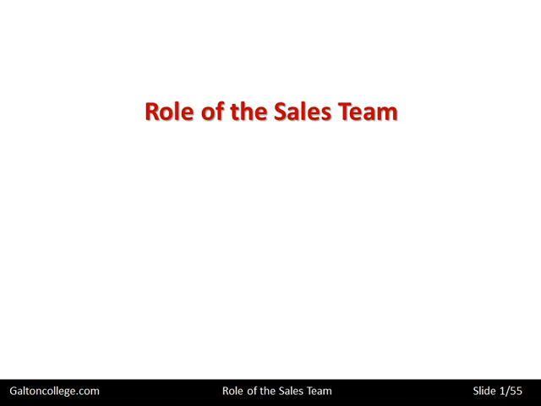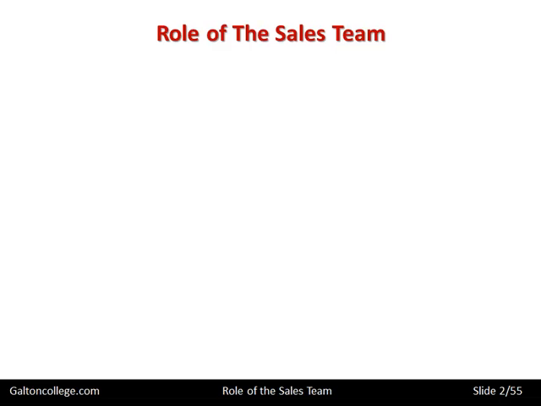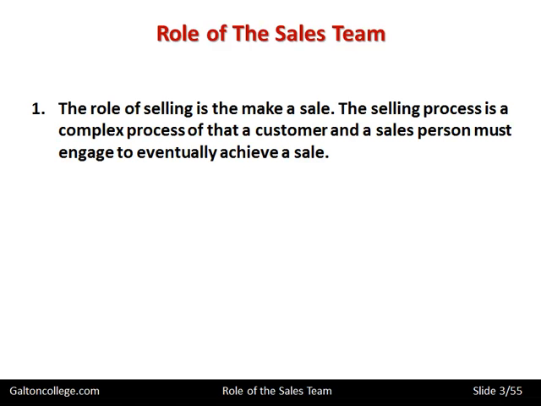In this class we want to talk about the role of the sales team. The role of the sales team is to make sales, or to make a sale. It's essential that the company has an effective, well-coordinated sales team with good communications between themselves and between the head office and the sales manager, and that they are well briefed in the product and in the characteristics of the market.